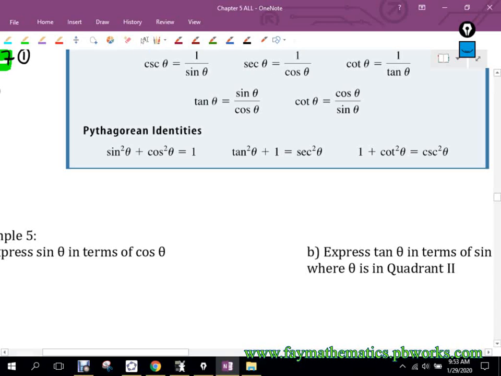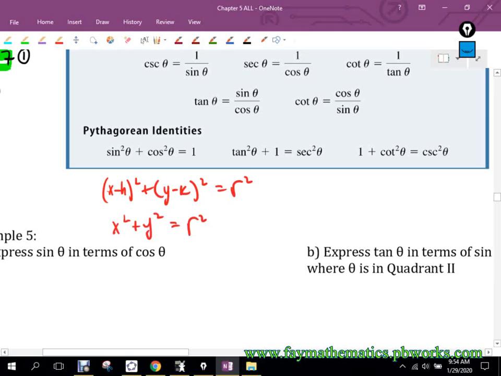Do you guys remember the formula for a circle? When we look at a circle, in this case we're going to be centered at 0, 0, so the h and k go away. So we get x squared plus y squared equals r squared.